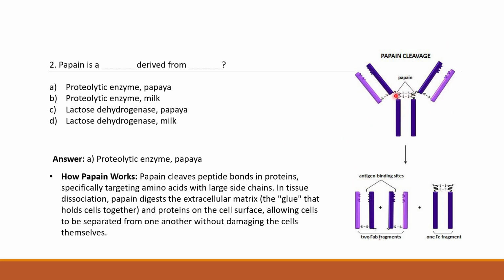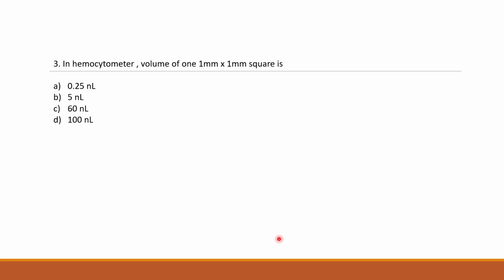So your papain will act here, cleaving both your Fab region and your Fc region. So you will get three parts when you cleave your antibody with papain. That is two Fab fragments which are identical, and then your Fc fragment. Okay. In cell culture or in tissues, you also use papain to cleave your tissues while isolating them, etc., without damaging the cells.